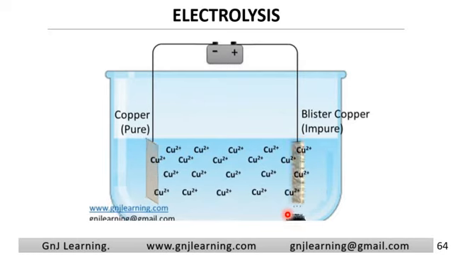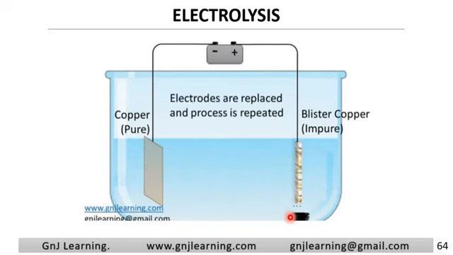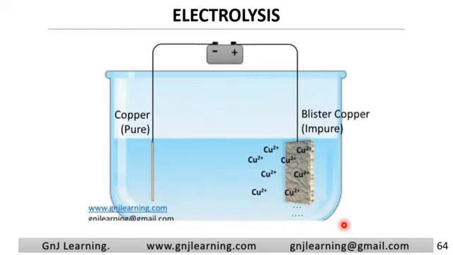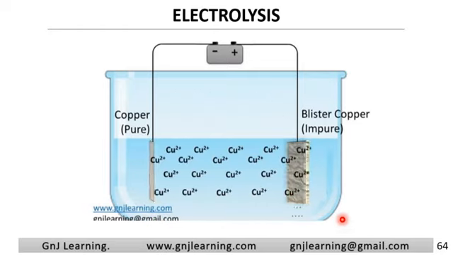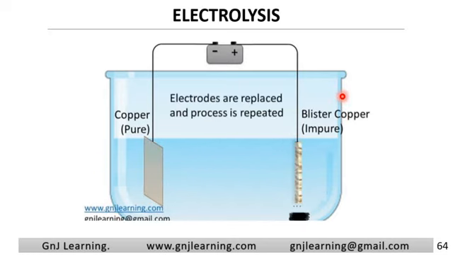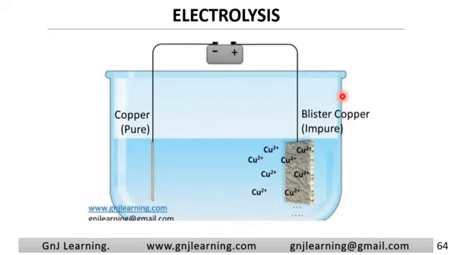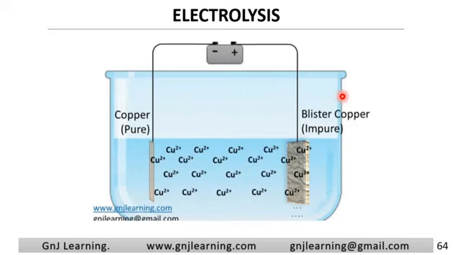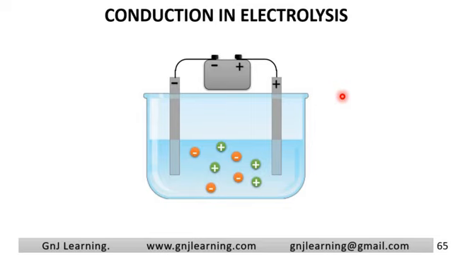So this is also a process of electrolysis. This process we will learn again in the later part of this chapter. I just showed this to show you that there are different types of electrolysis processes designed to suit their needs. So we will look into electrolysis in general.